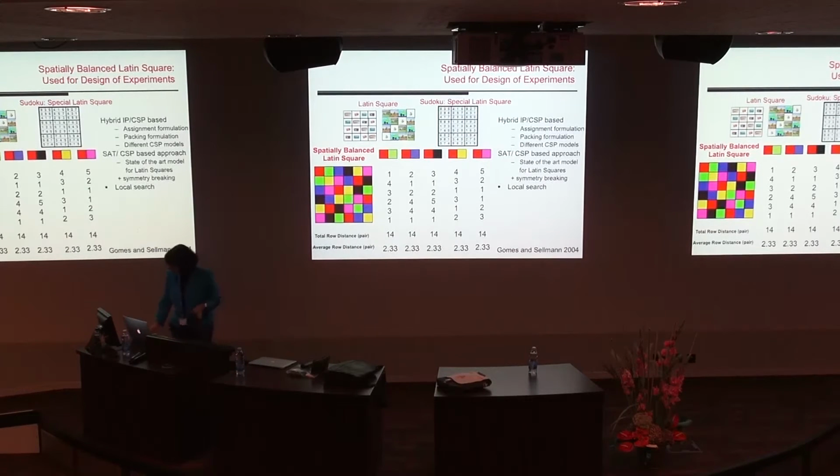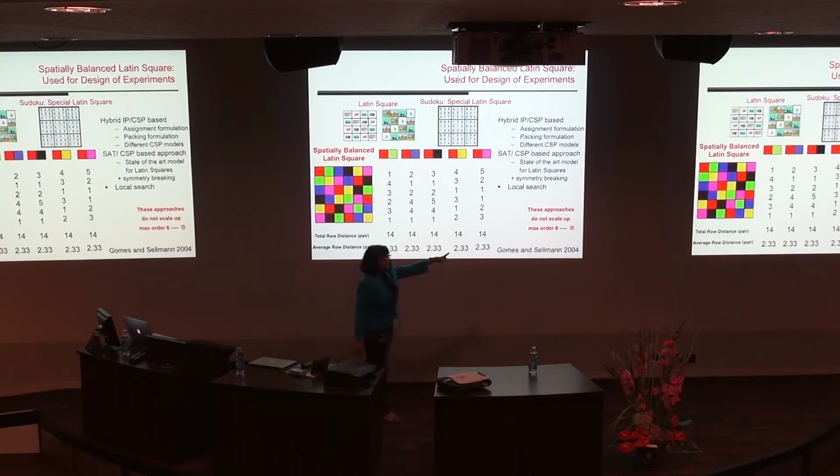We could solve them up to order 6, meaning a 6 by 6, in terms of finding the optimal solution. In the meantime, I see Pascal did some work using local search, but no matter what, this is a very, very challenging problem, and we needed to solve it.